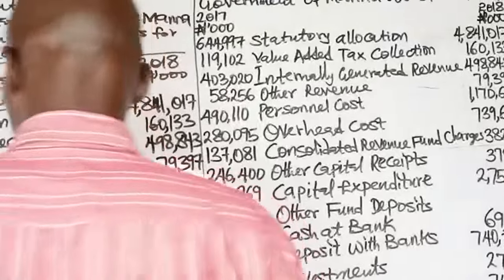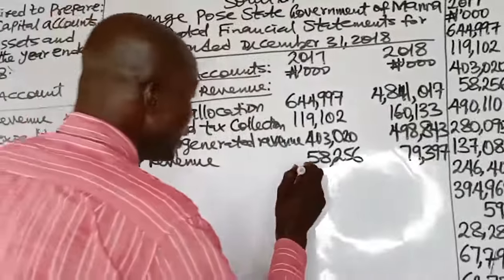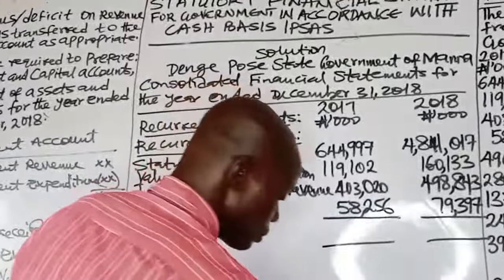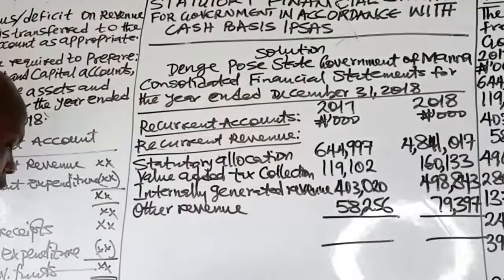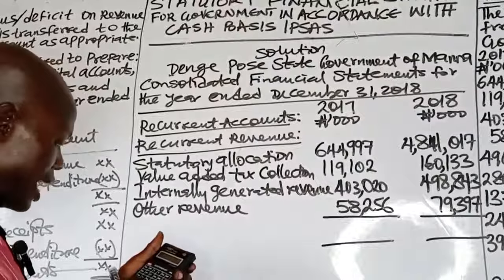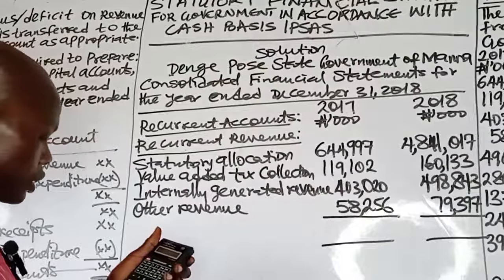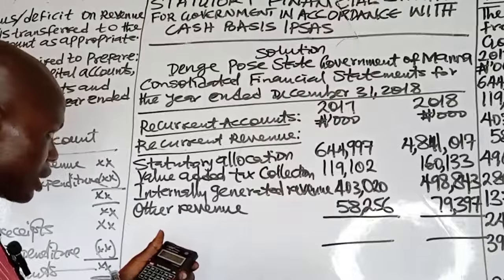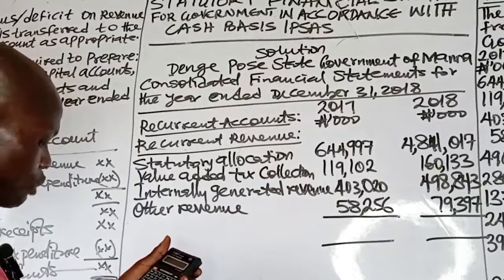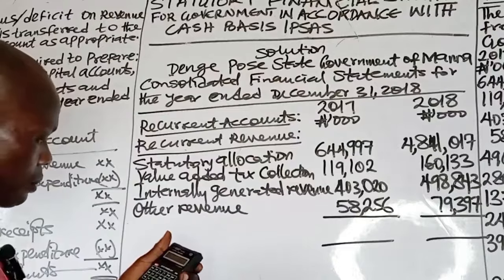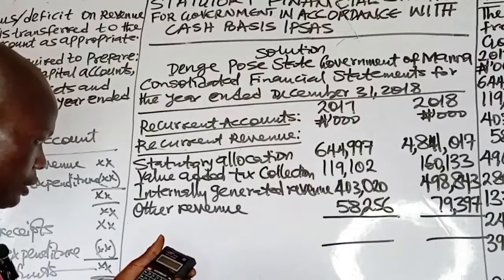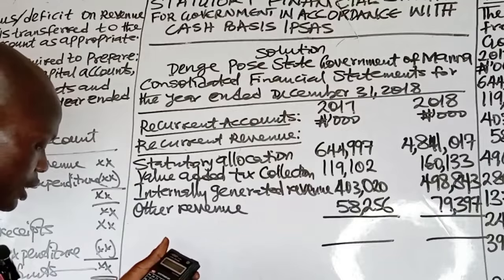So now let's sum up our recurrent revenue. Now, we want to total our recurrent revenue, 644,997 plus 119,102 plus 403,020 plus 58,256.